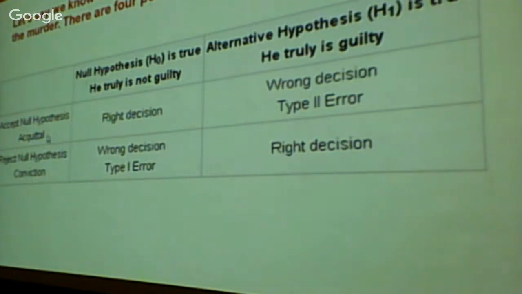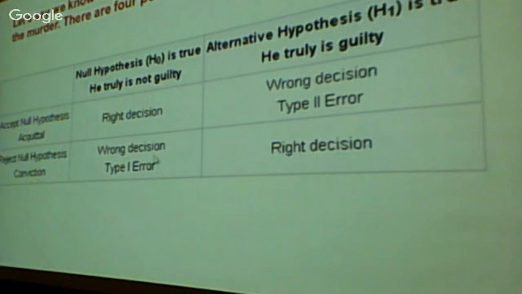Okay, now let's look at the possible scenarios here. Let's say we acquit him. We acquit the guy. We say he's not guilty, but in fact, he is truly innocent. Yay, we win. That's great. The universe works the way it's supposed to work. Or we convict him. We say, you're guilty, you're going to jail. And he actually did do the crime. Yay, we're right. The universe works the way it's supposed to.